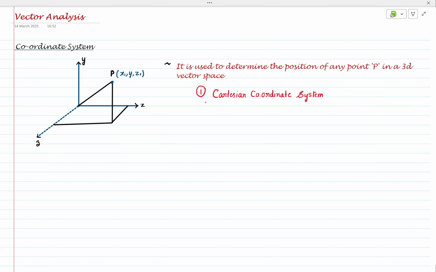Number two is the cylindrical coordinate system. And number three, the last one, is the spherical coordinate system.